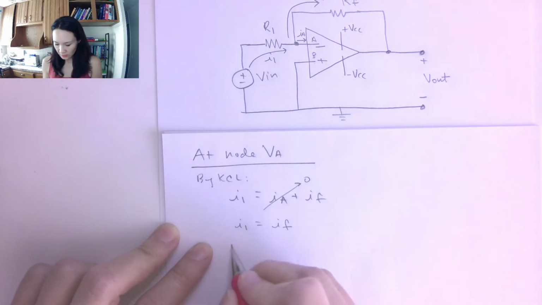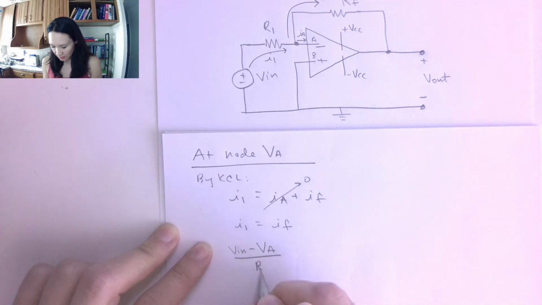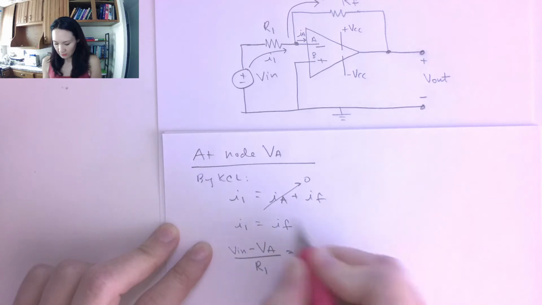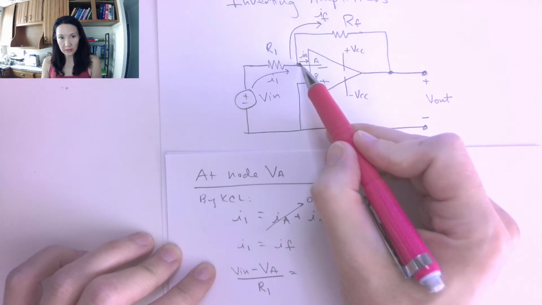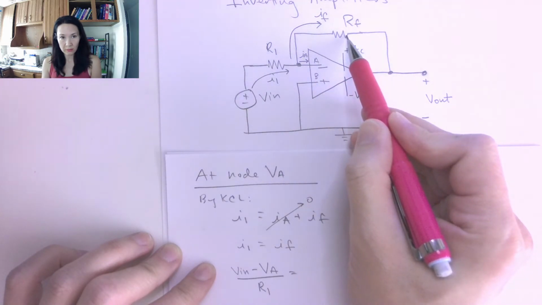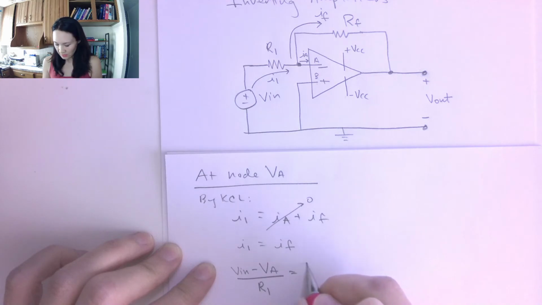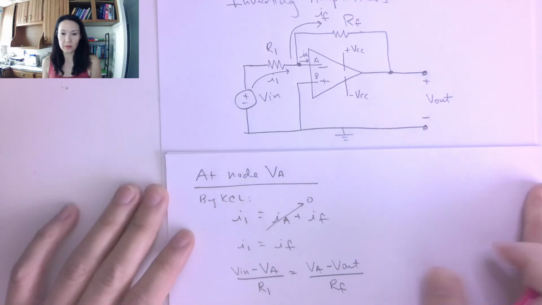The voltage on the left side is V in, and then on the right is VA, and I'm going to divide that by R1. And then I'm going to replace IF with the voltage at this node minus the voltage at this node divided by the resistor in between. So this is going to be VA minus V out over the feedback resistor.